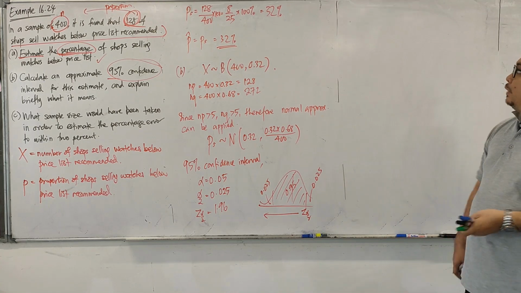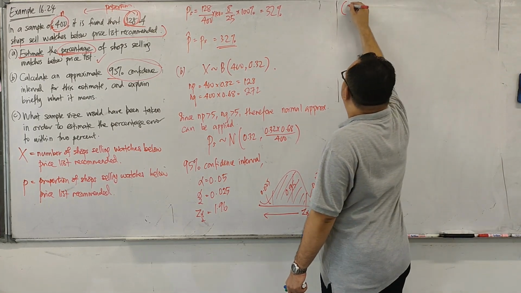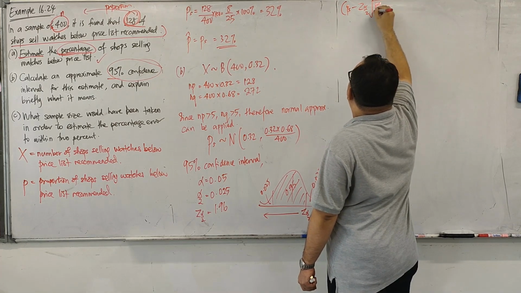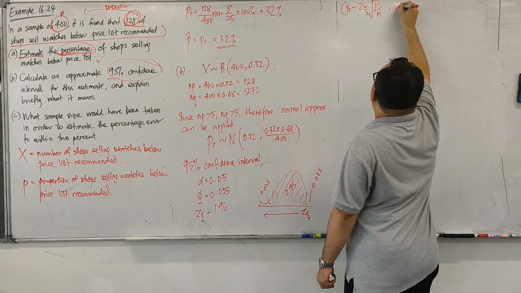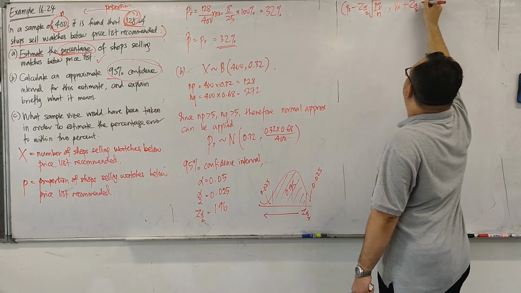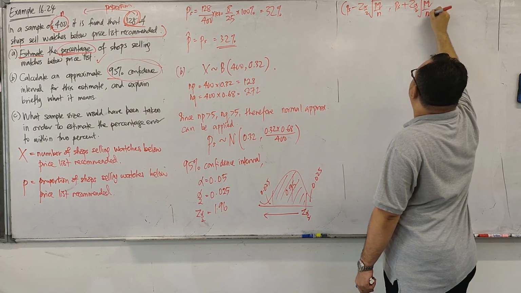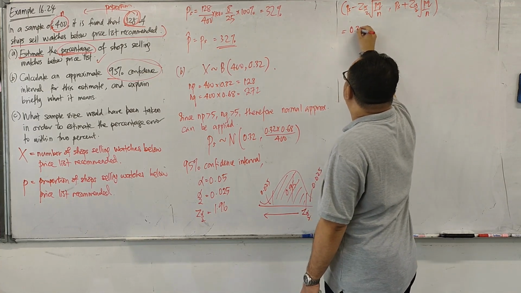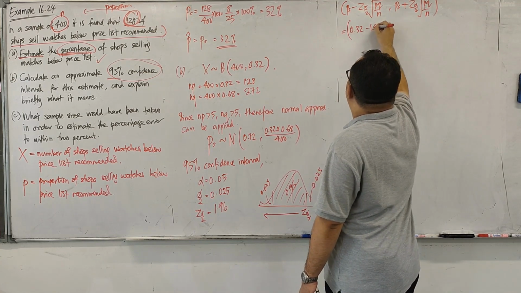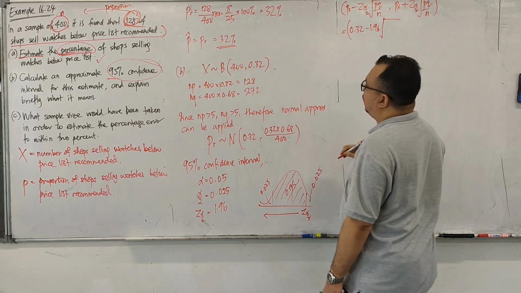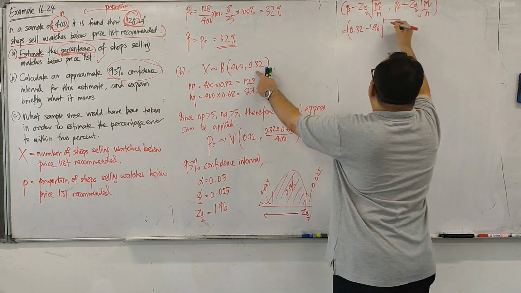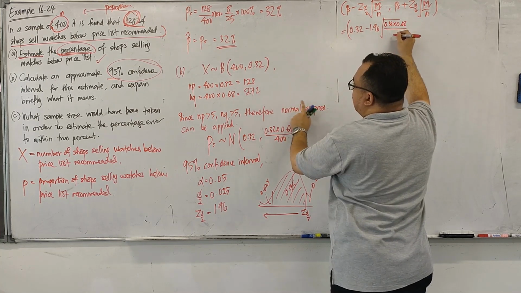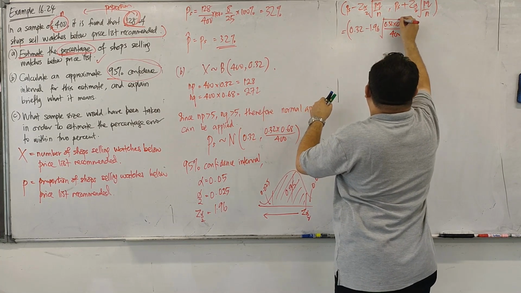Okay, after that kita tulis formula P-hat minus Z alpha over 2 square root PQ over N, P-hat plus Z alpha over 2 square root PQ over N. So my P-hat adalah 0.32, 1.96 square root PQ over N. N saya adalah 400.